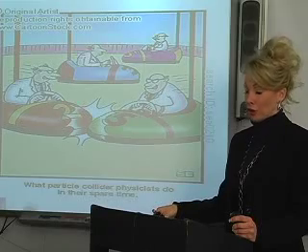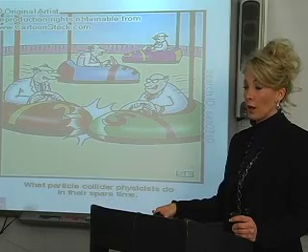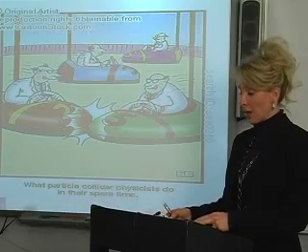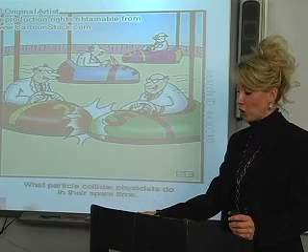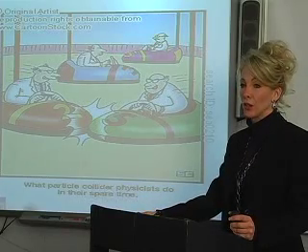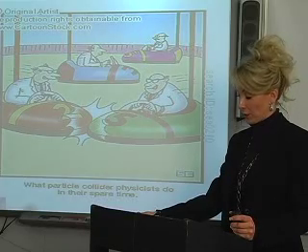Mass is a measure of inertia. An object that has a small amount of mass has a small amount of inertia. An object with a large amount of mass has a greater amount of inertia. Therefore, changing the motion of an object that has a small mass is easier than changing the motion of an object with a larger mass.